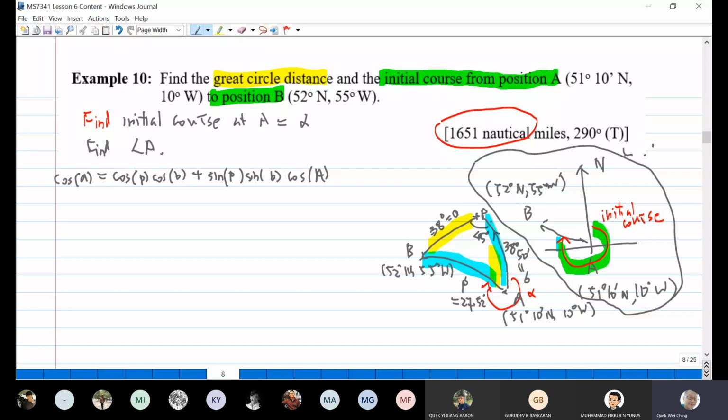So you have to rearrange them so that you can find angle A now: cosine A equals (cosine a minus cosine p times cosine b) divided by (sine p sine b). This is your cosine A.